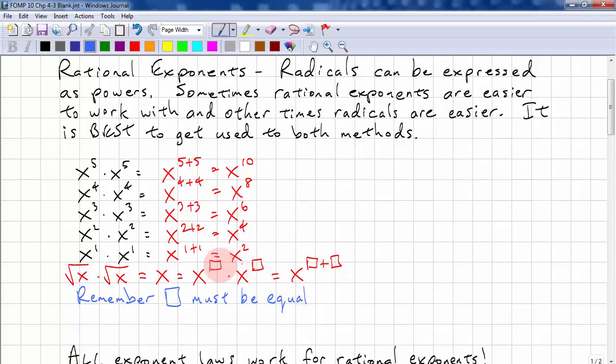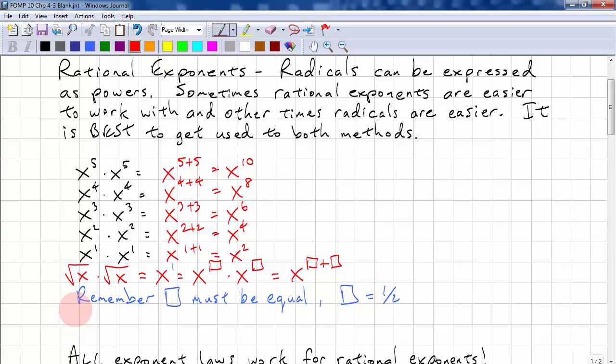So we need the same quantity in there and there. So the box equals 1/2. So half plus a half is x to the power of 1. So this must be x to the power of half times x to the power of half.